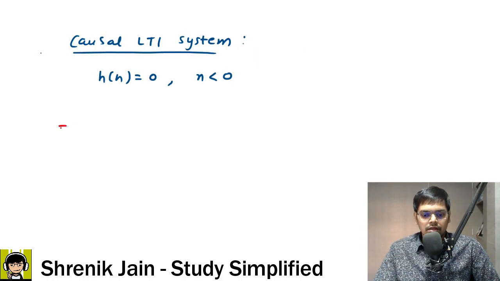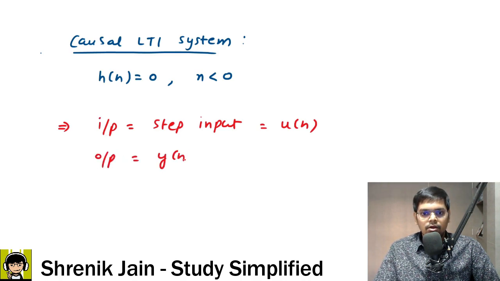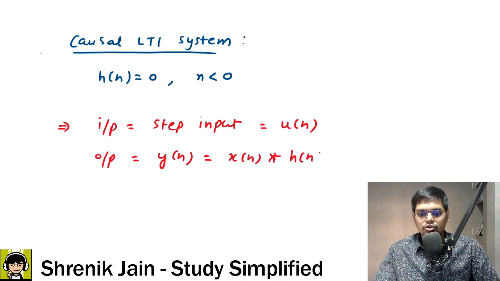As per the given statement, they are saying that the input is a step input, which is u of n, and then the output, which is y of n, is equal to x of n convolved with h of n. Agreed? So here we are getting a step response.